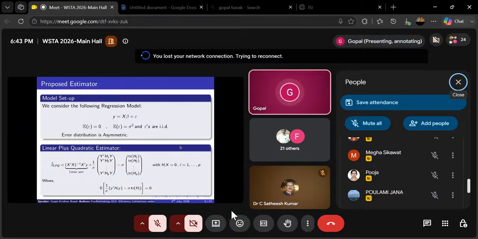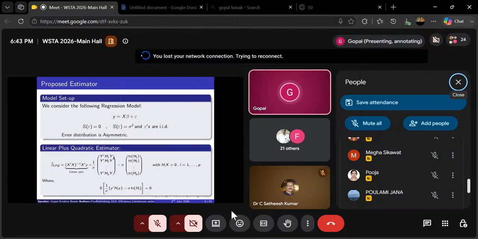So what's the proposed estimator? The proposed estimator is the OLS part, (X prime X) inverse X prime y, that we are all familiar with. But here is a nonlinear part. For every component here, beta i, because beta is p-dimensional, as you see here, y prime H y, where y and X are n-dimensional.